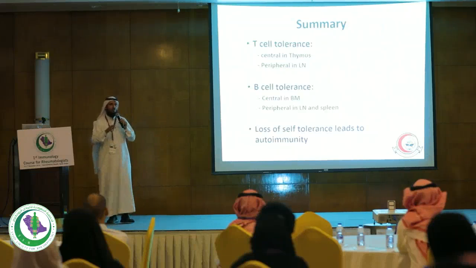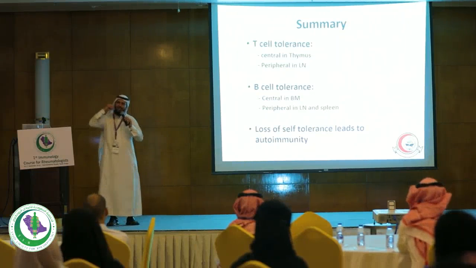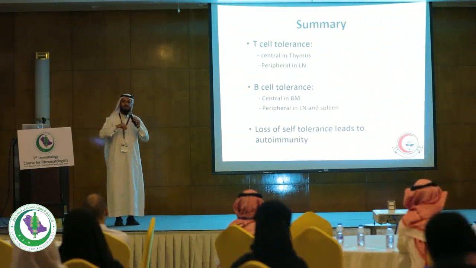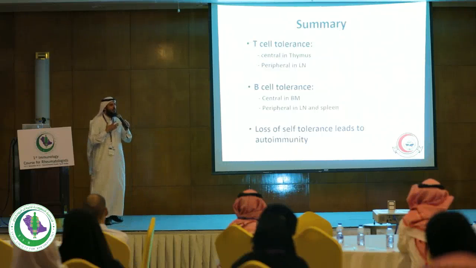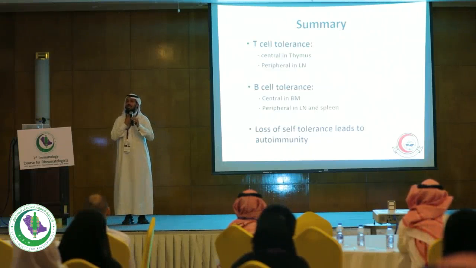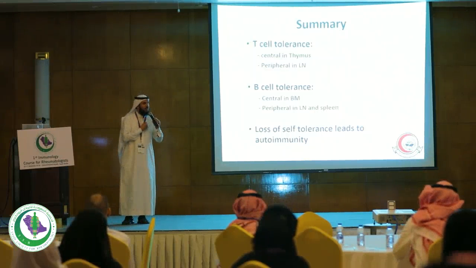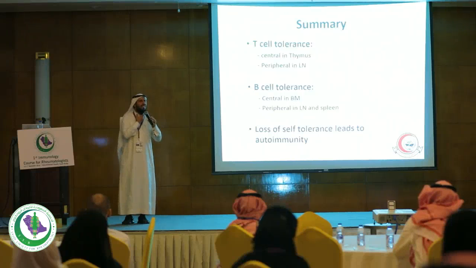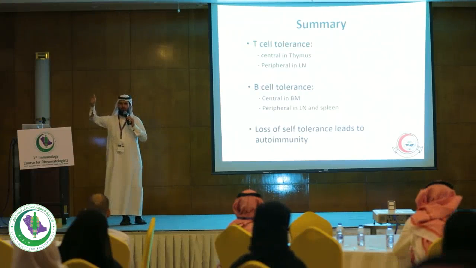Memory or naive won't tell us. We can test the cells just coming out of the thymus by the receptor CD31. CD31 is a marker for recent thymic emigrants. If I don't find any recent thymic emigrants as naive cells from the thymus, this is a failure of central tolerance in the thymus, like DiGeorge syndrome.